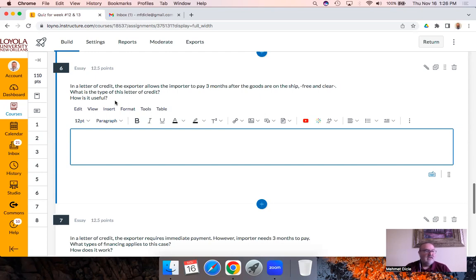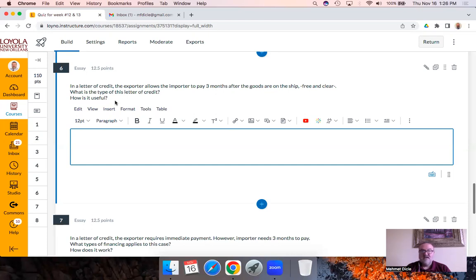So in some cases, the importer simply may not have the money. They may be a retail facility, a sales facility, maybe a construction deal, or a farming deal where the importer simply may not have the means to pay for the goods unless he sells the goods himself.